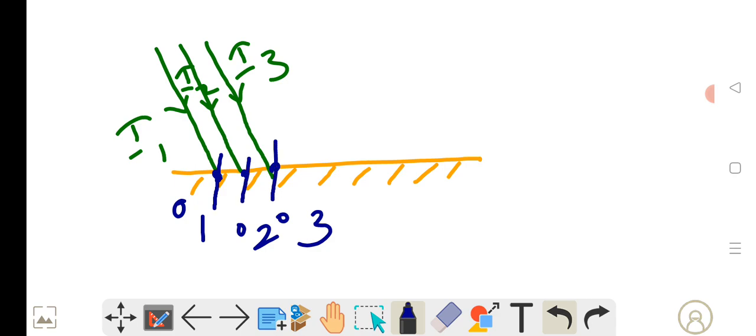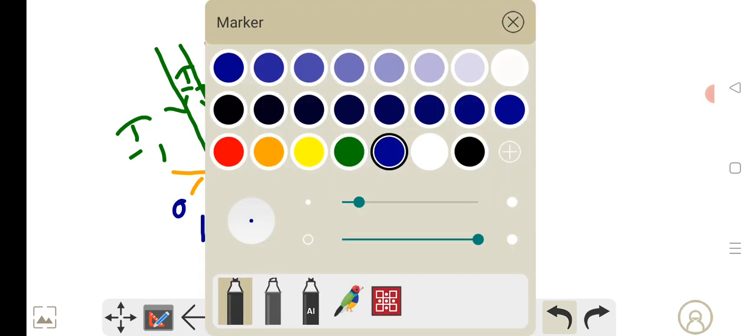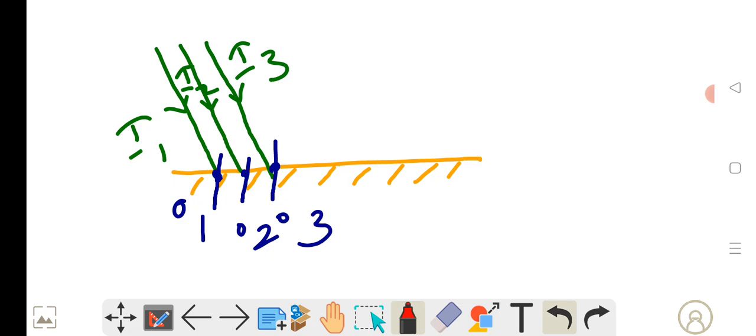Now see here, all the normals are also parallel to each other, so you can understand the reflected rays will also be parallel to each other. Whatever the angle, with the same angle it will reflect. For this also same, for this also same.